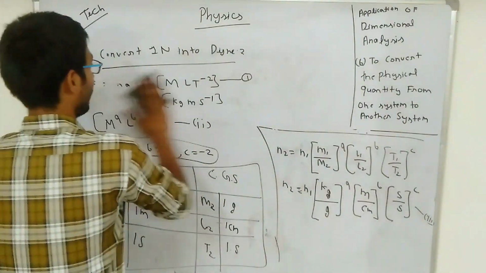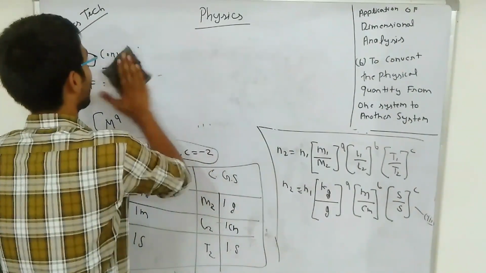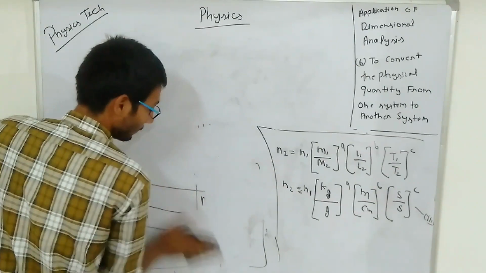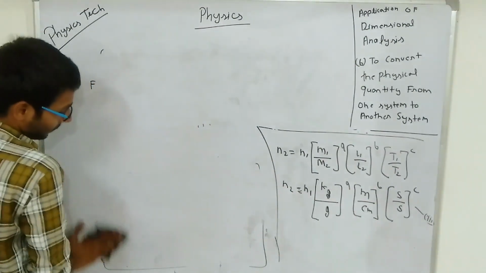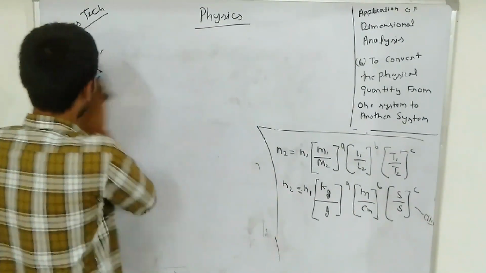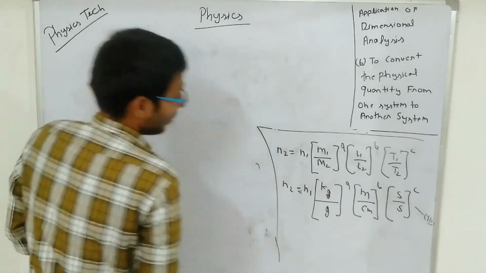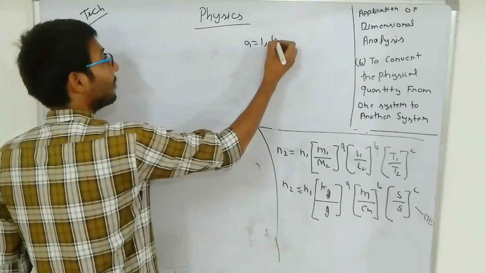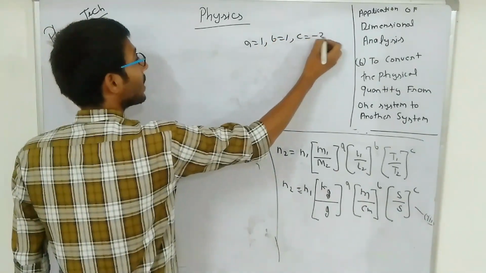Okay, now, what is the value of a? Here a is equal to 1, b is equal to 1 and c is equal to minus 2.